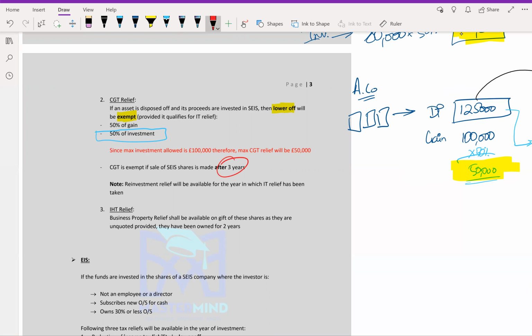So the point is, don't just look at which year you have higher income tax liability, current year or last year. You'll also have to consider which year you have capital gains in, from the previous asset you will be selling to invest in SEIS.